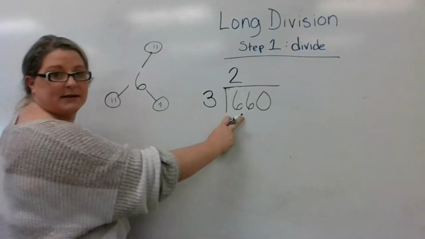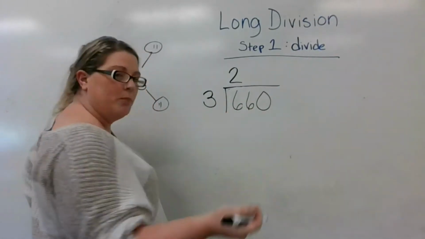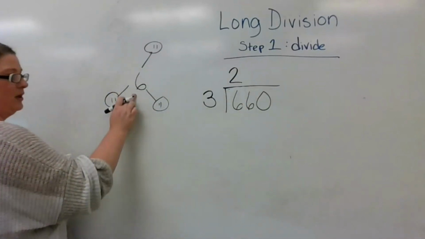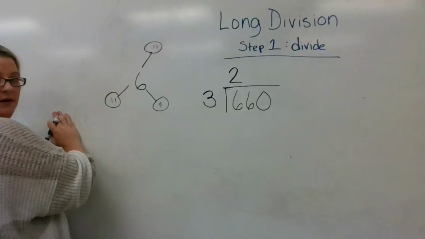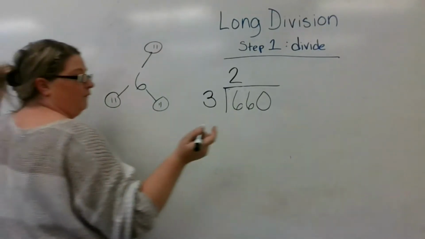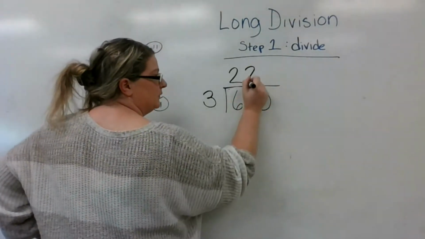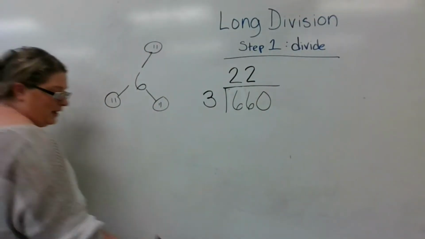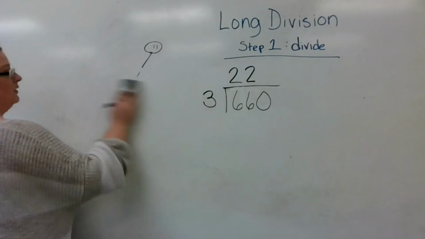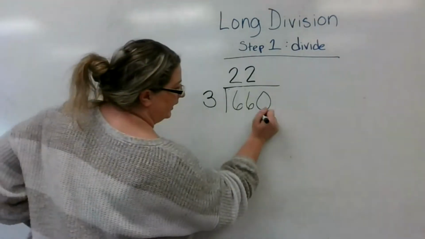So I've used my 6, so I can move over to my next 6. But do we have to do that again? How many fit in groups of 3? In 3 groups? No, because we've already done it. We know that it's 2. Count them again if you want to. And then the last part is your 0. You have a 0 here.